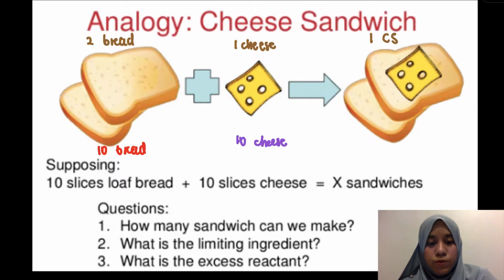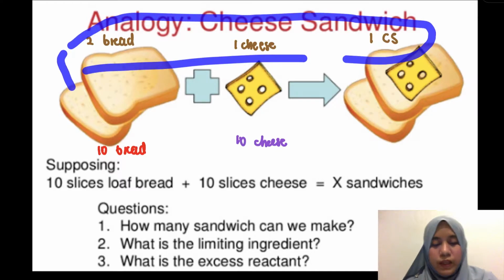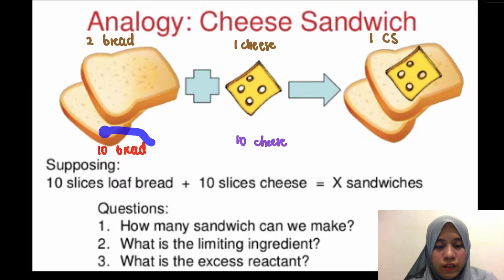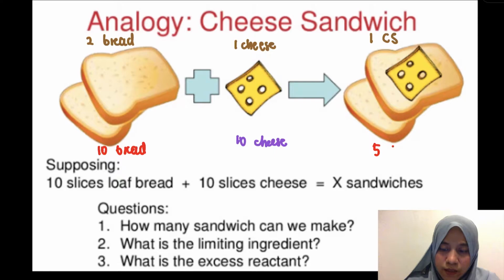So this is the equation how to make the cheese sandwich kan. If I determine the amount of cheese sandwich based on the number of bread, Miss akan dapat berapa? Sepatutnya Miss akan dapat 5 cheese sandwich lah, kalau Miss comparekan dia dengan amount of bread ni.